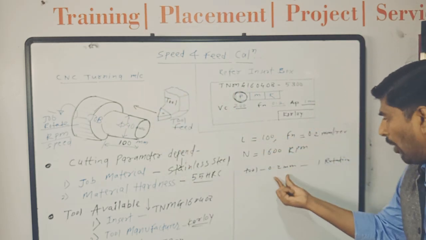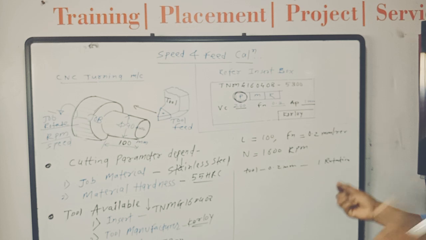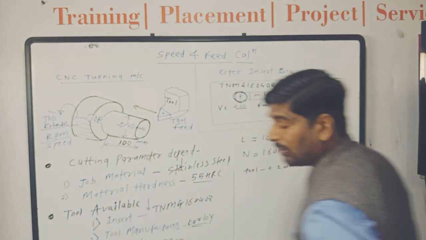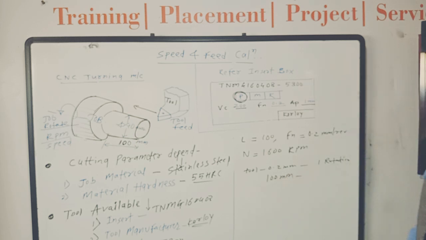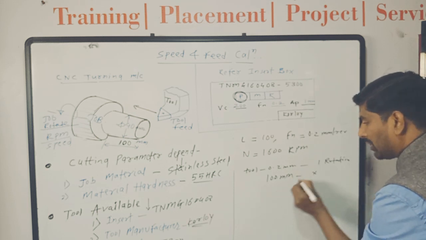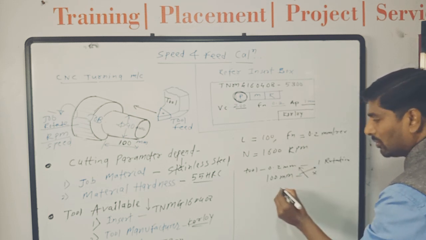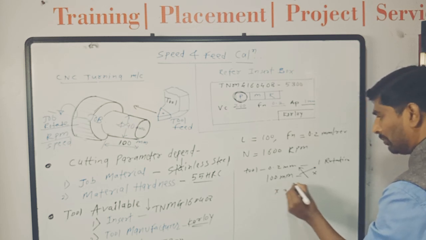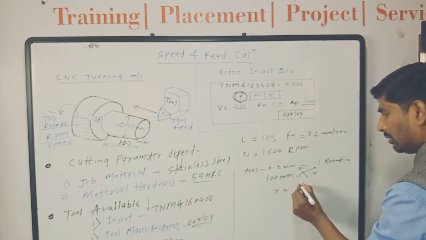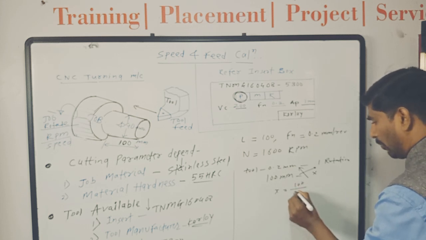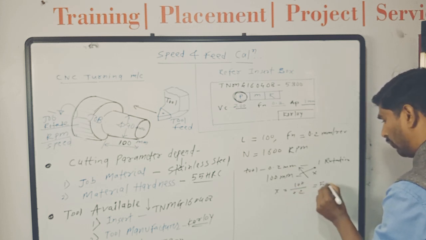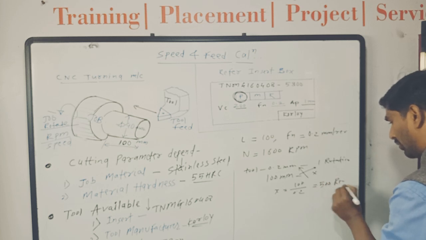So if it travels 0.2 mm for one revolution, and we have to travel 100 mm in total, how much rotation will be required? Make a cross multiplication: x equals 100 divided by 0.2. It will come around 500 revolutions.